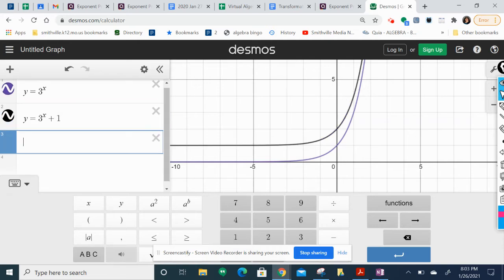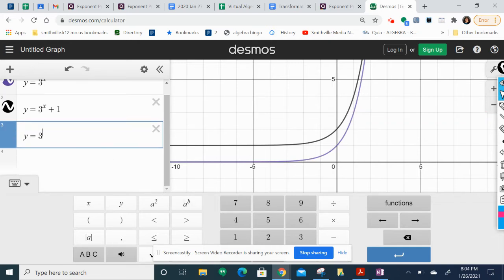All right, and then it asks me to consider what will happen if I take 3 to the x minus 1. Again, take a guess on what you think will happen based on our previous knowledge. Let's test it out. y is equal to 3 to the x power, arrow out of that, minus 1.